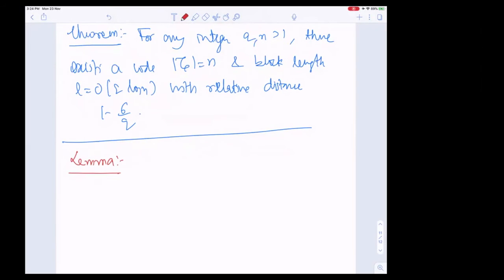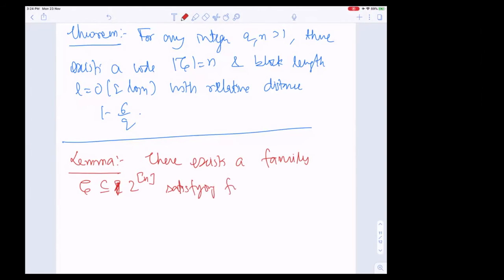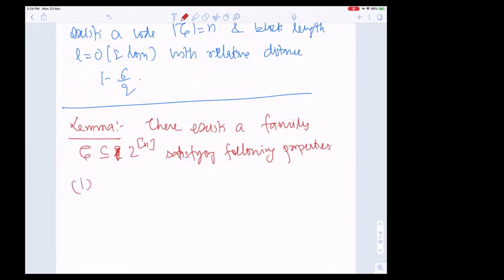So what we need is this lemma: there exists a family C, a subset of 2 to the power n, satisfying the following properties. First, the size of C is greater than or equal to 2 to the power some Cn, so it is exponential.